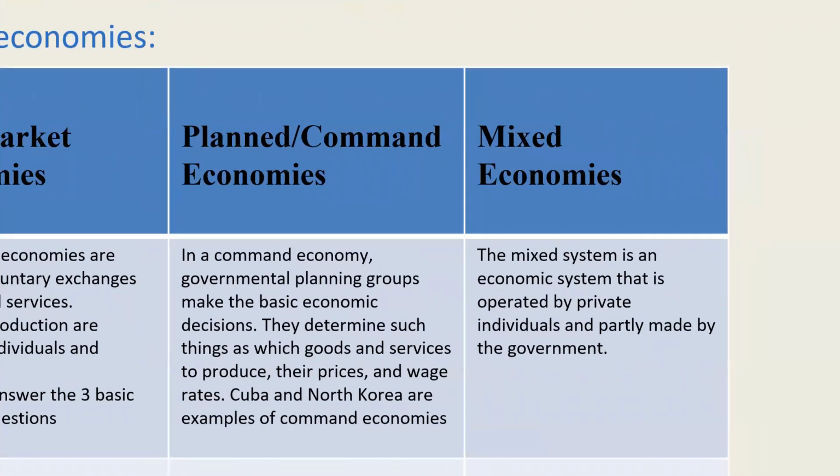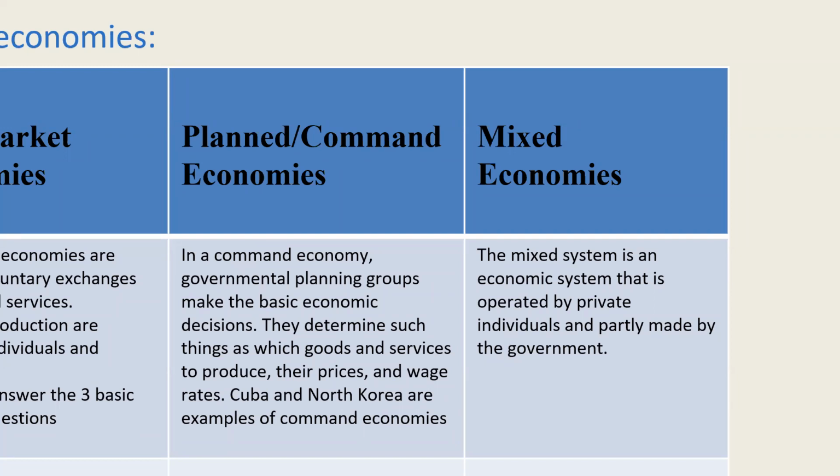And then we have this last one, the mixed economy. When we hear mixed economy, it's a combination of the free market and the planned economy. It's an economic system that is operated partly by private individuals, which is the free market, and partly by the government, which is the planned economy.